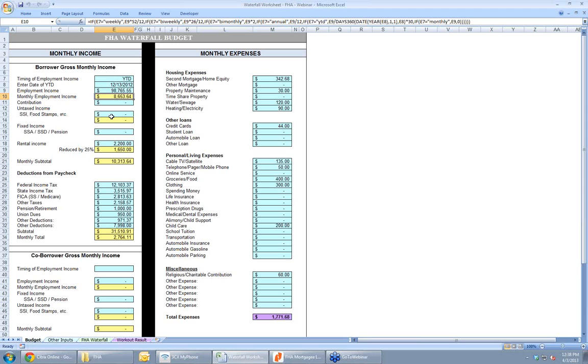If you look at the untaxed income, we've left in the grossing up function. We've also left in reducing the rental income by 25%, just like you have in HAMP. But I should note that FHA guidance is pretty cryptic. It's not nearly as exhaustive and detailed as HAMP guidance or the guidance offered by the GSEs.